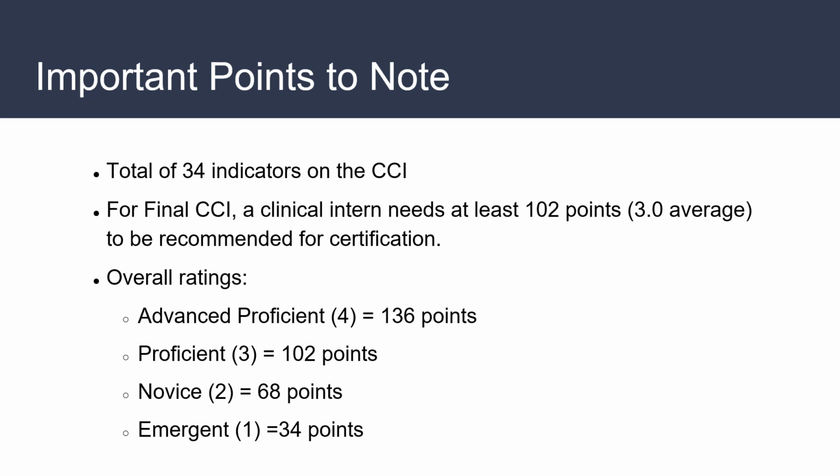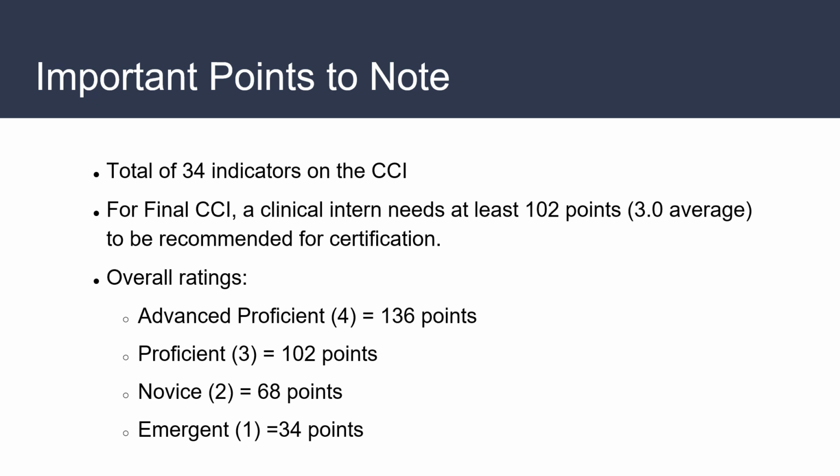It is important to note that this is an average of a 3.0 or a total of 102 points that the clinical intern must earn on the final in order to be recommended for licensure. Clinical interns who receive a novice rating in one or more areas must be advanced proficient in others.